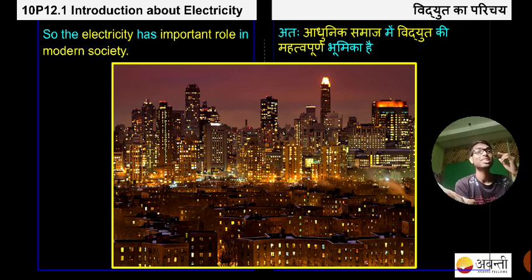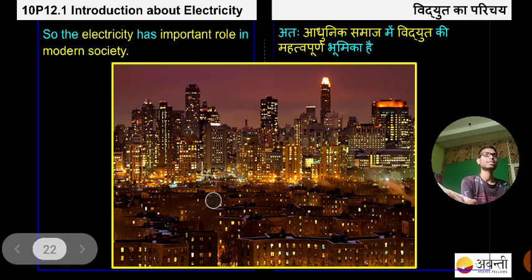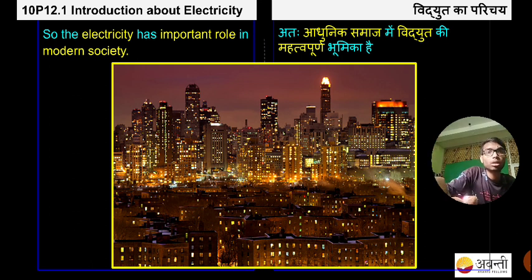This imagination is beyond your thinking. By this figure, can you realize that yes, electricity is being used more in the world? Are you able to observe the importance of electricity? Yes, by this figure.